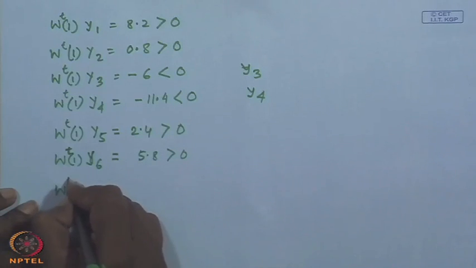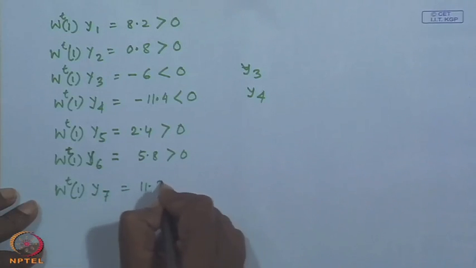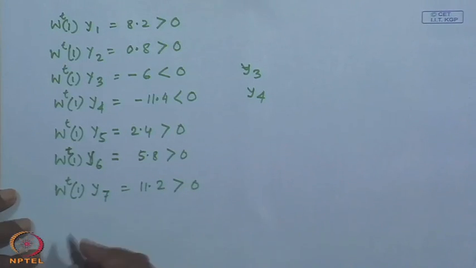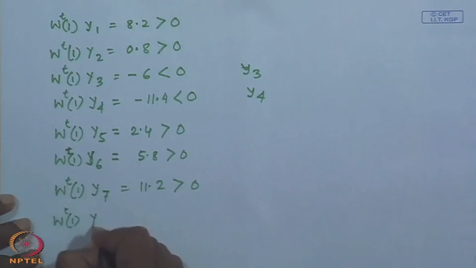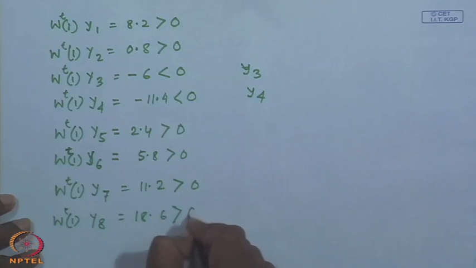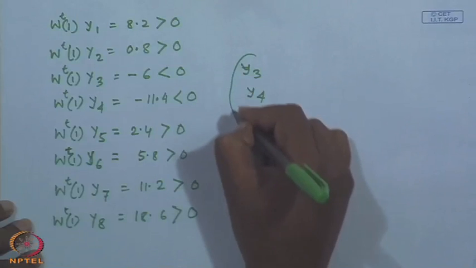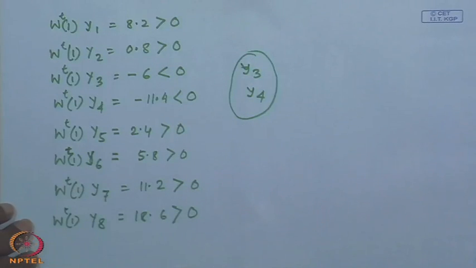W1 transpose y7 will be 11.2, again greater than 0. W1 transpose y8 will be 18.6, again greater than 0. So, I have to consider this y3 and y4 to get my W2, that is the weight vector to be used at the next iteration.